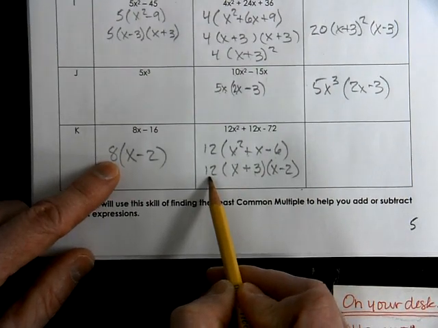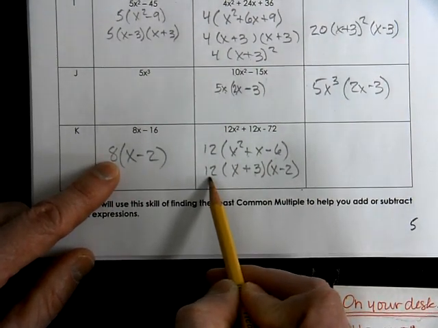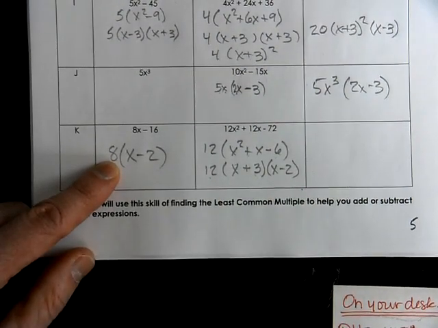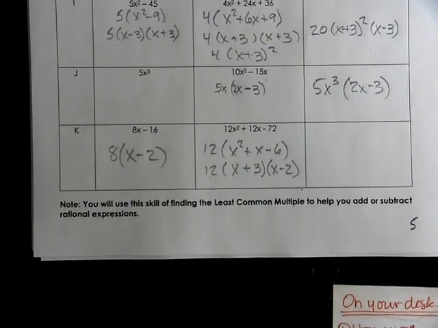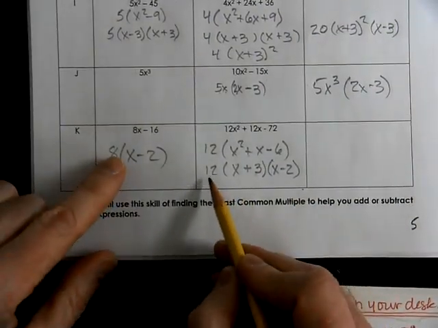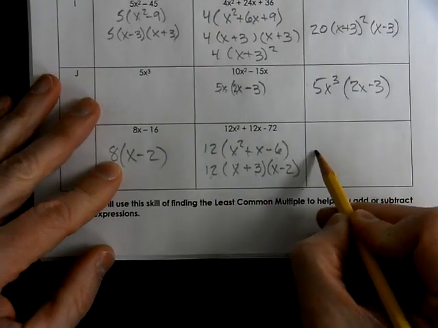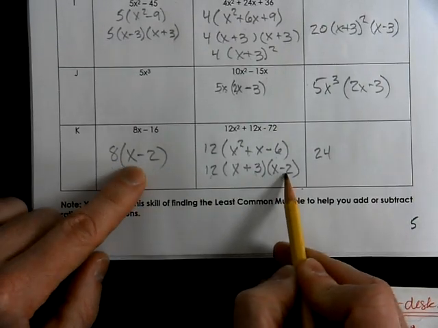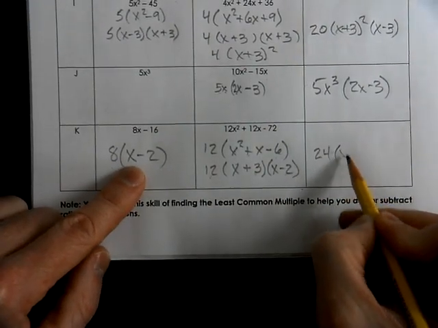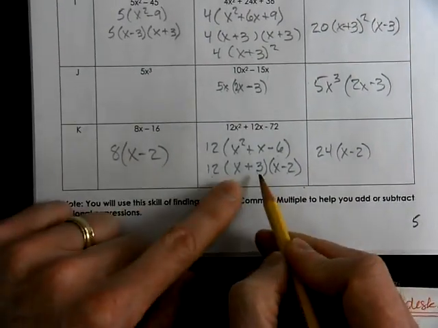So I'm looking at 8 and 12. We don't want to multiply those together. We want to look at what is the smallest number 8 and 12 goes into. And we're back here to 12 and 8. They're going to go into 24. They both have an x minus 2, so I would bring that, the same exponent.